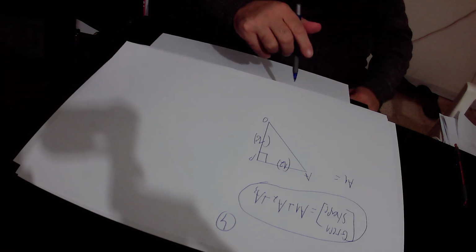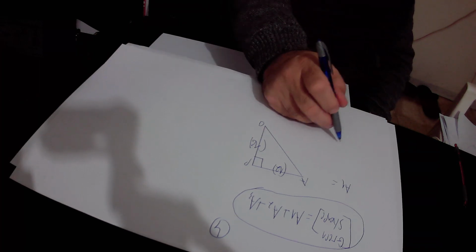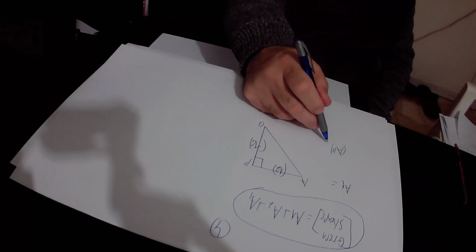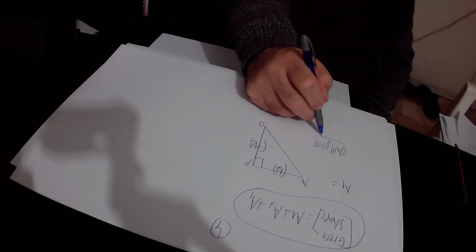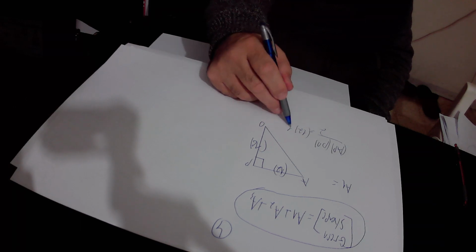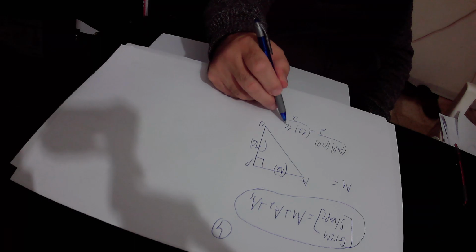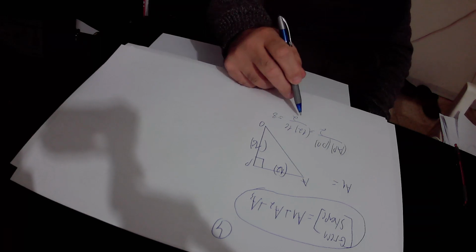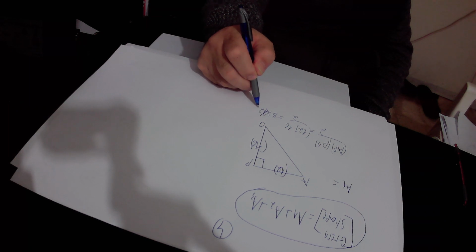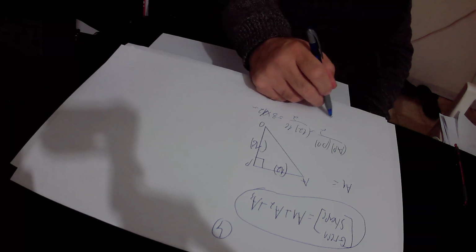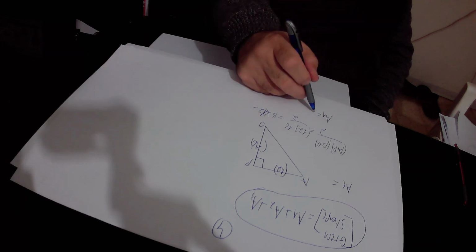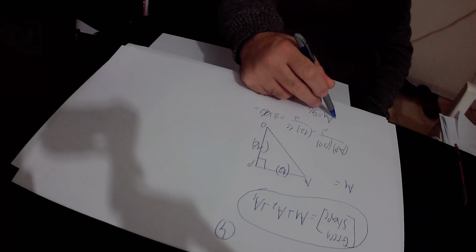The area of this right triangle APO will be equal to AP times PO over 2. AP is 12 times PO, that is 16 over 2. 16 over 2 is 8. So in total this expression equals to 8 times 12. That is actually 96. So A1, that is the area of this right triangle APO, equals to 96 square units.